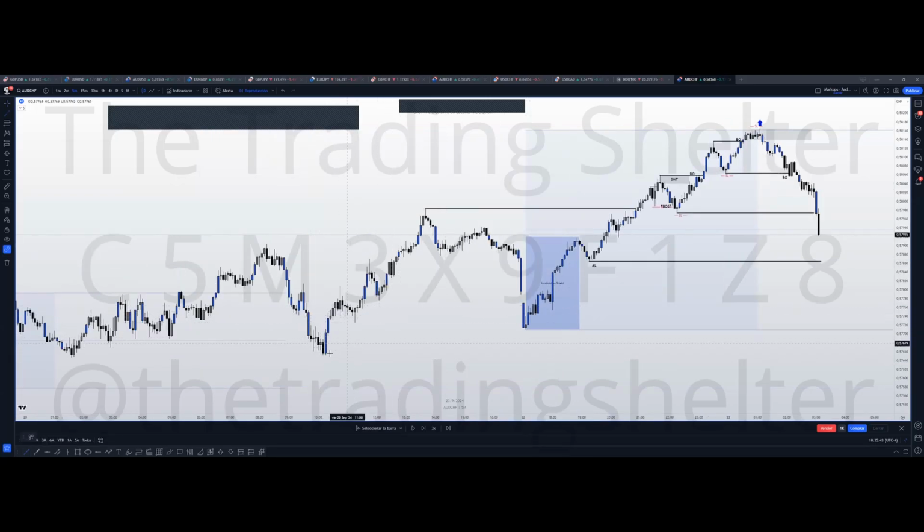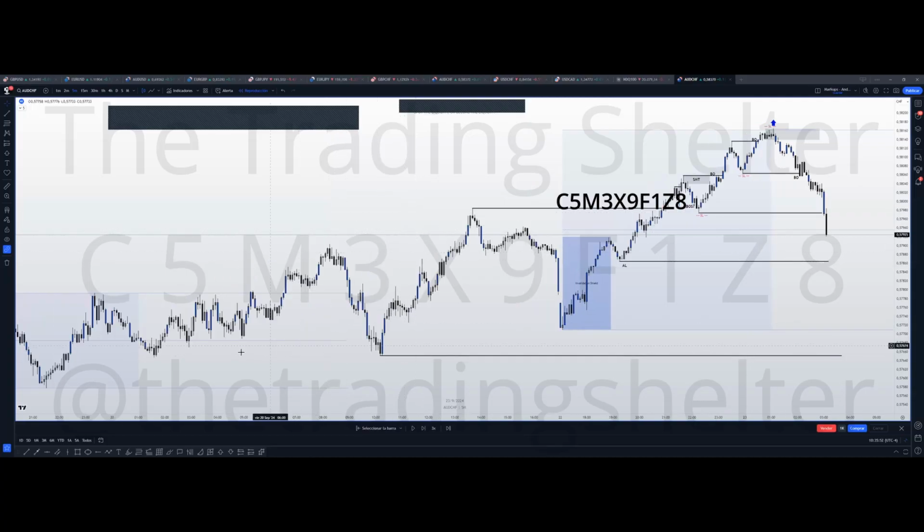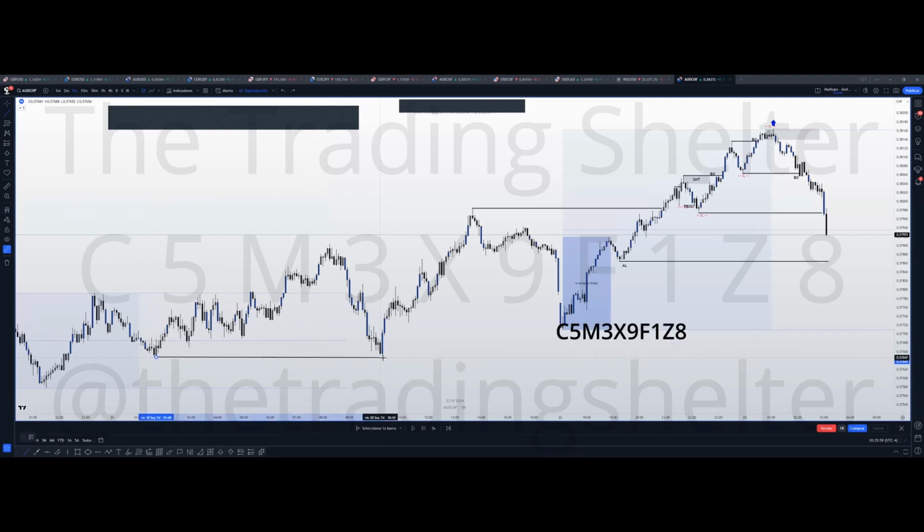Let's see how price reacts here, considering that this was a low that created new highs, and at the same time took this low. We may presume, oh no, it didn't take it, but we may presume that it will be an important area of liquidity.